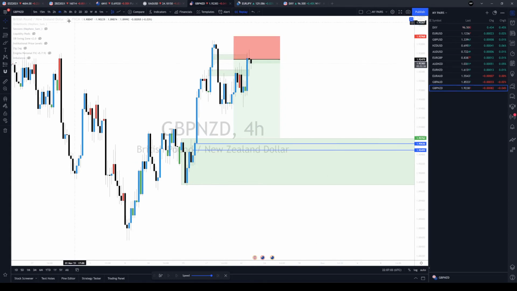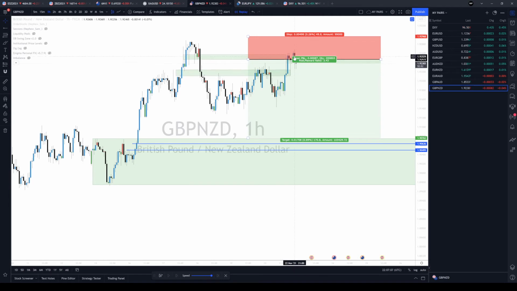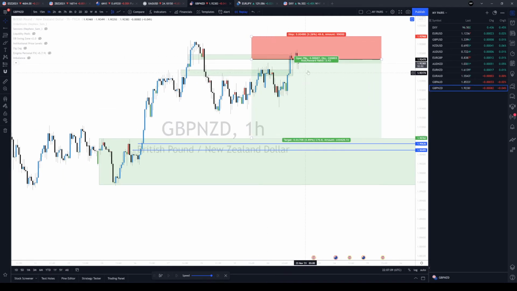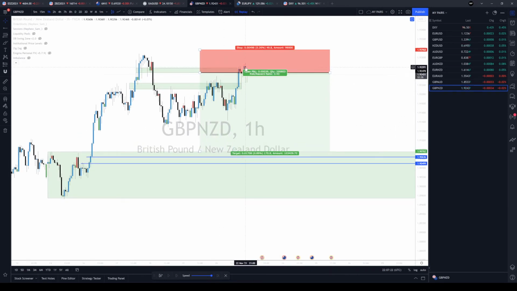Pound New Zealand, I have this level that I'm looking for price to reject and come back down. So if you want to trade it, you can look to trade it. I think maybe during the London session tomorrow would be a good time to look for an entry.